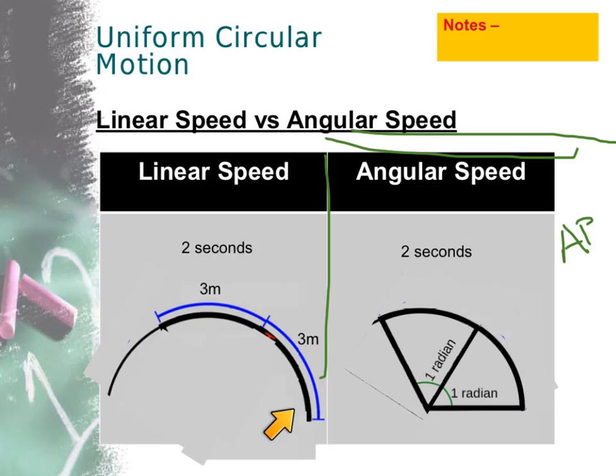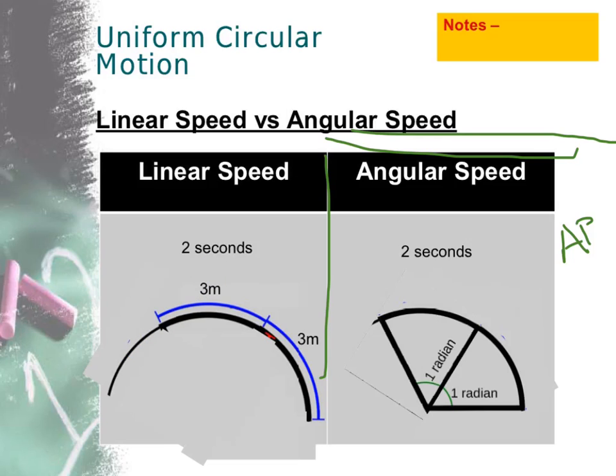So when something is traveling around a circle, we can actually take the amount of length that it covers and divide it by a certain amount of time. So let's say that it covers 3 meters plus another 3 meters to give us a total of 6 meters, and it goes 6 meters around the circumference of the circle in 2 seconds.